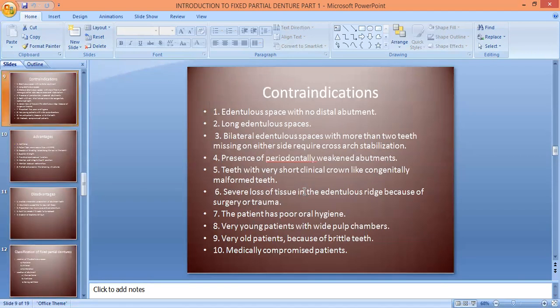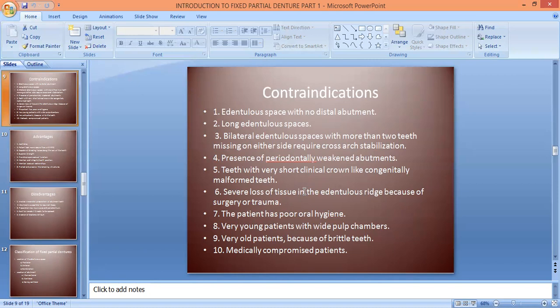Contraindications: an edentulous space with no distal abutment, long edentulous spaces, bilateral edentulous spaces with more than 2 teeth missing on either side, which requires cross arch stabilization, presence of periodontally weakened abutments, teeth with very short clinical crowns like congenitally malformed teeth, and patients who have poor oral hygiene. In very young patients, we do not indicate FPD because the pulp chamber will be wide.